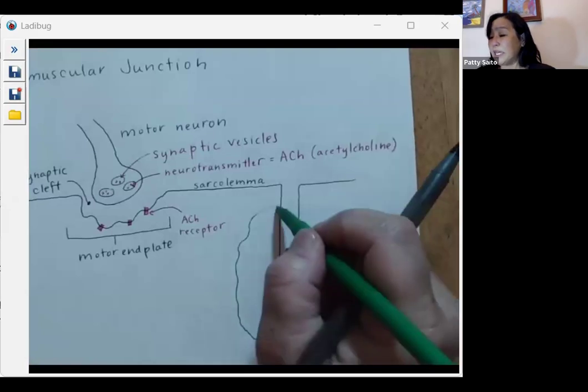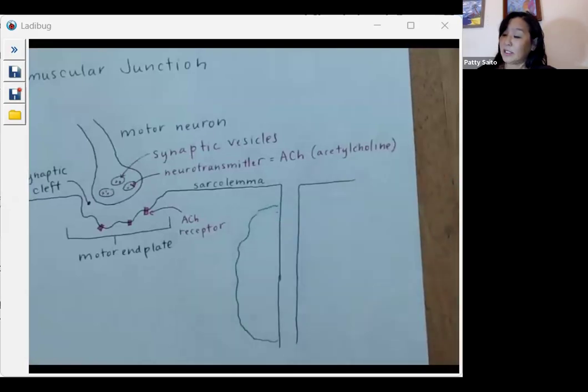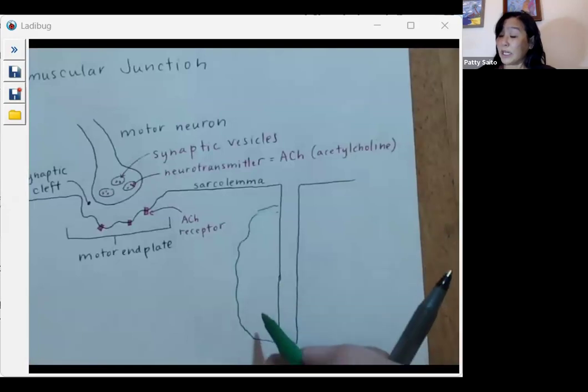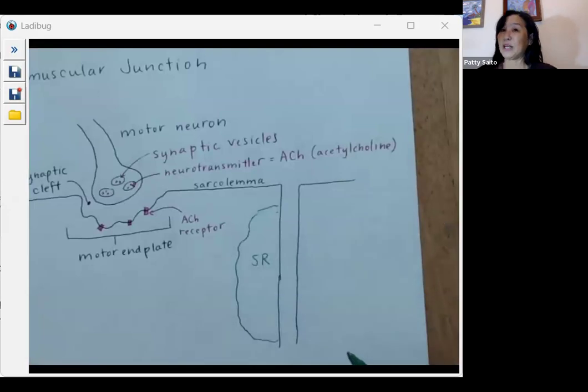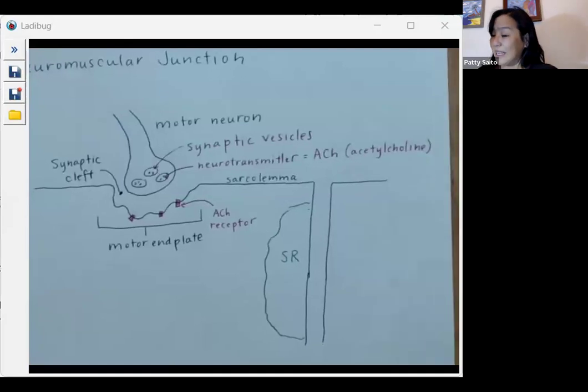The endoplasmic reticulum of a muscle cell is called the sarcoplasmic reticulum, just because sarco means muscle, and it's the endoplasmic reticulum of the muscle. So SR is sarcoplasmic reticulum.